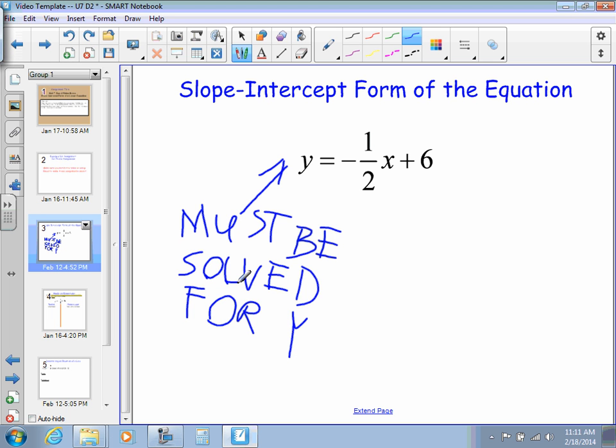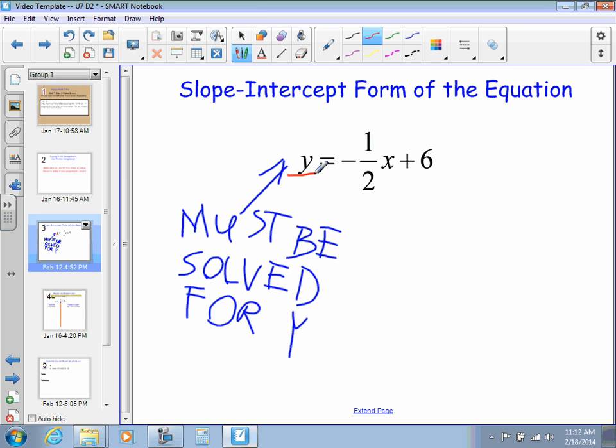You must have a y right here on the left of the equation. It must be by itself, no coefficient other than 1. And then your x term comes first before your constant.